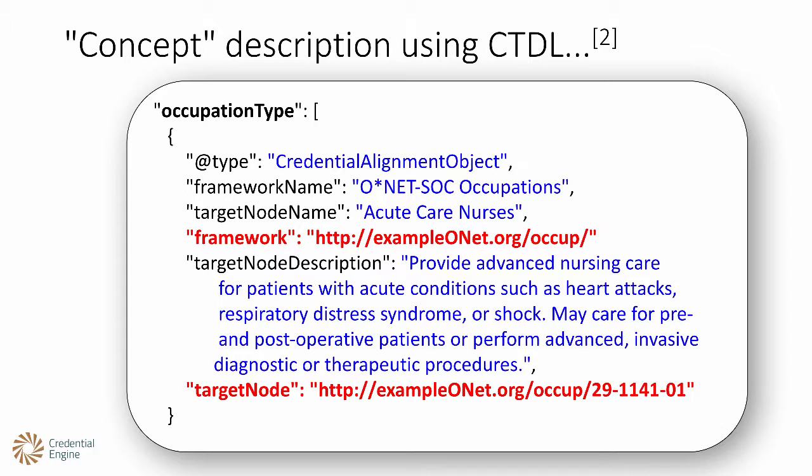We would like to reach out and ingest a SKOS description of acute care nurses that contains all of this data plus a lot more. In other words, it wants to ingest, it wants to be able to mash up that data, bring that data into this description, display the pieces of it that it wants to display, and perhaps use some of it that it doesn't display for computational purposes.